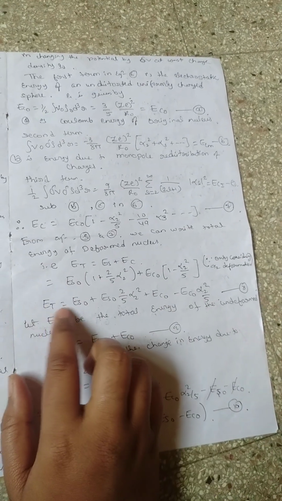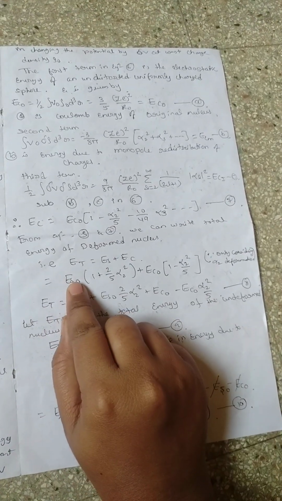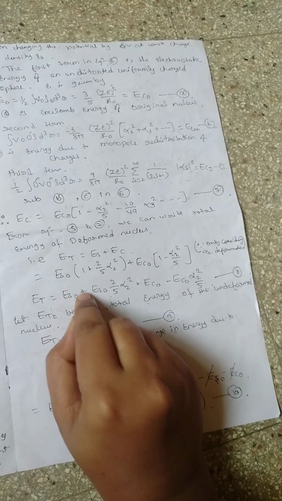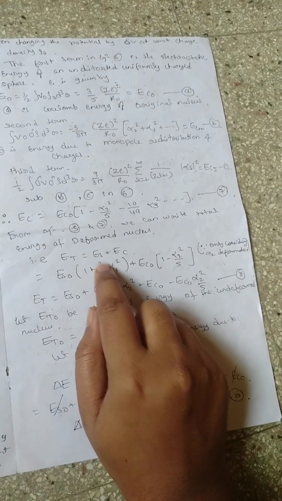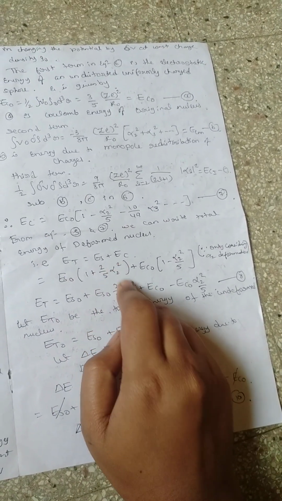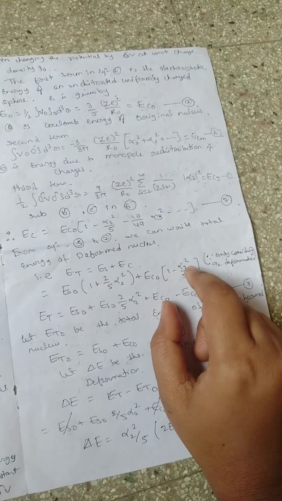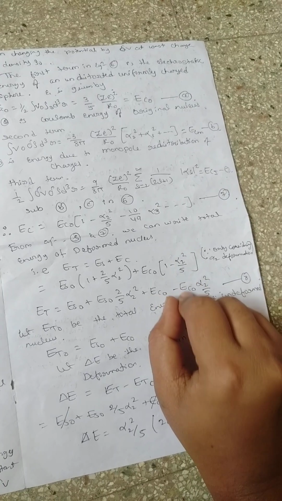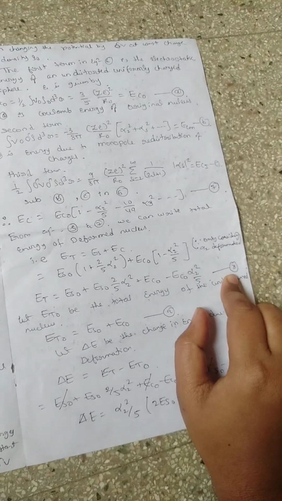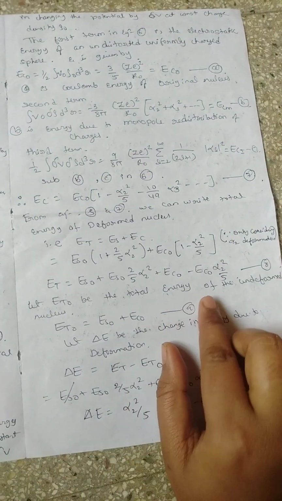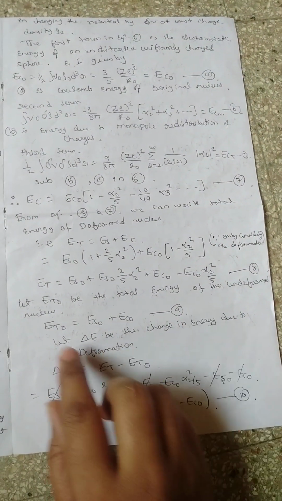Then we got ET equal to E of S naught plus E of S naught into 2 by 5 alpha 2 square, plus E of C naught minus E of C naught into alpha 2 square by 5. Consider this as equation number 8. Let E of T naught be the total energy of the undeformed nucleus.